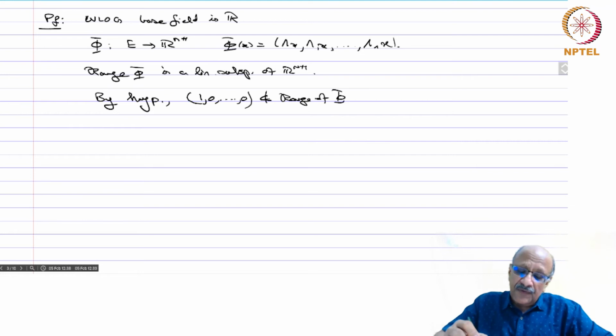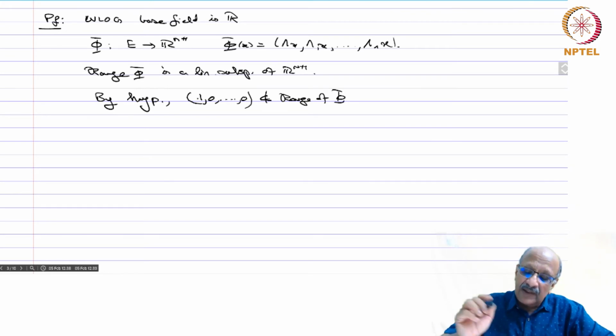Why? Because if for some x you have (1, 0, ..., 0) equal to this, then lambda 1 x to lambda n x is equal to 0. So x belongs to the intersection of the kernels, and therefore lambda of x must also be 0, but we are given that lambda of x equals 1. So (1, 0, ..., 0) is not there.